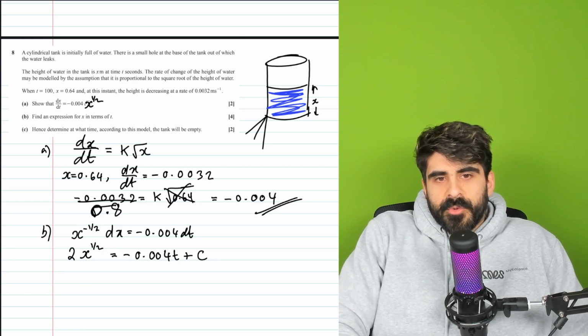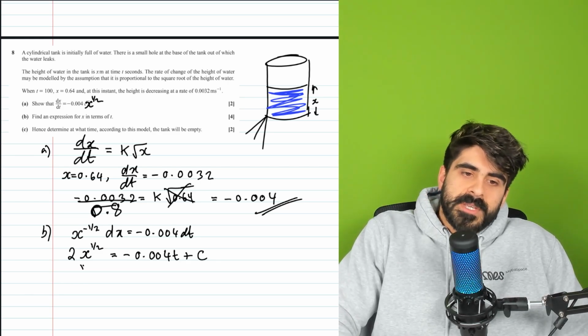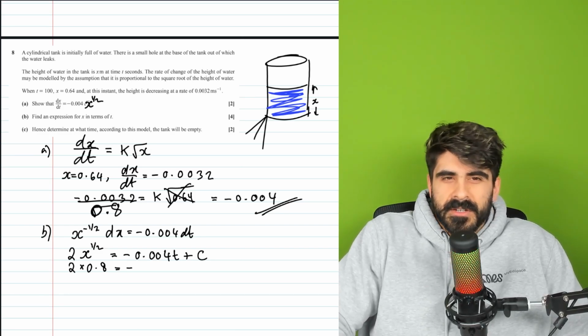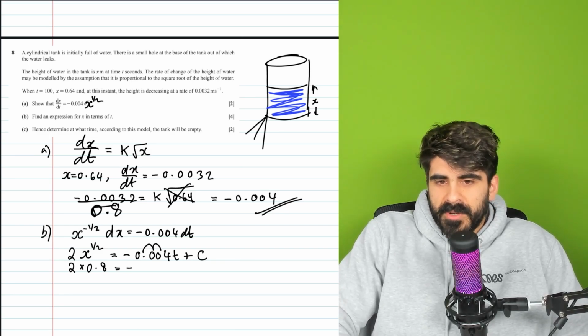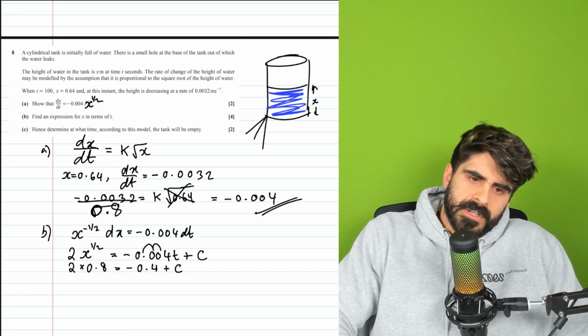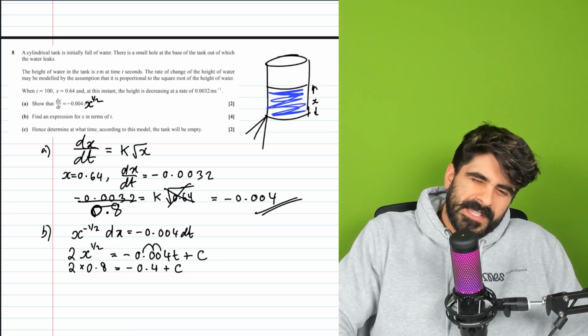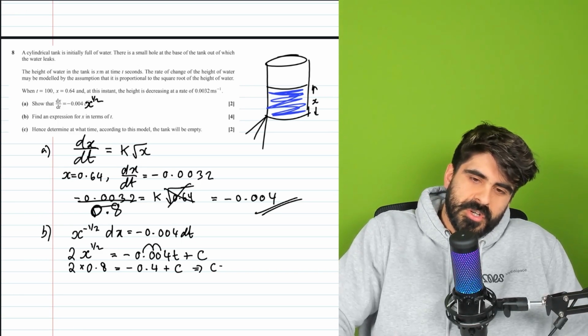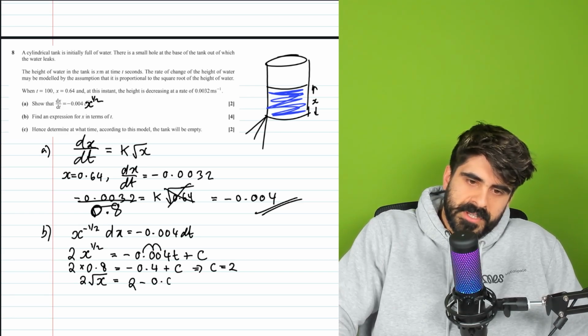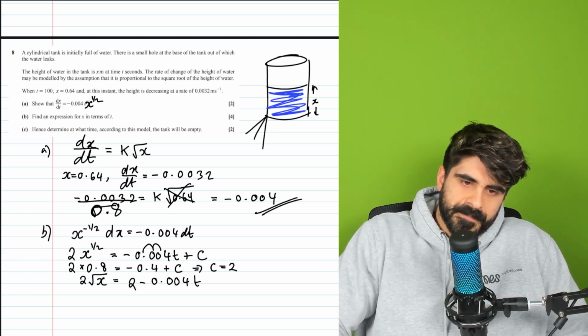Now when x is 0.64, when we root that, remember, we get 0.8 times 2 is minus, when t is 100, 0.4 plus c. So that is 1.6, so c is 2. So we have 2 root x is 2 minus 0.004 t.